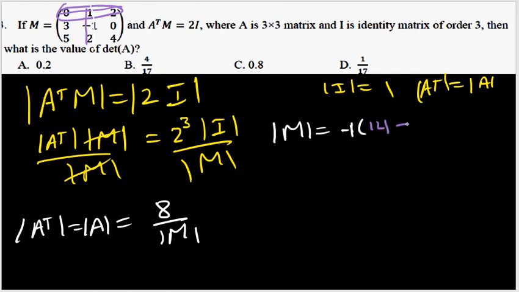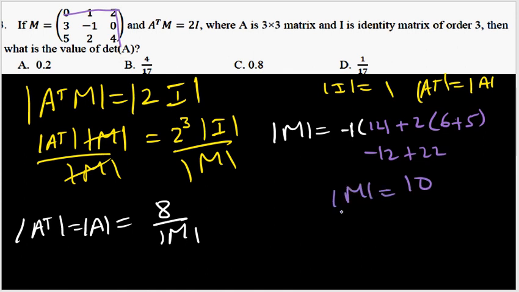Then plus 2 times the last entry, cancel the last column and first row: 3 times 2 is 6, minus 5 times negative 1 is negative 5, which is plus 5. So negative 12, plus 6 plus 5 is 11, times 2 will be 22. So this is going to be 10, the determinant of M.